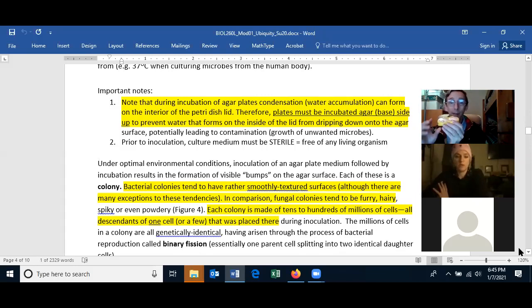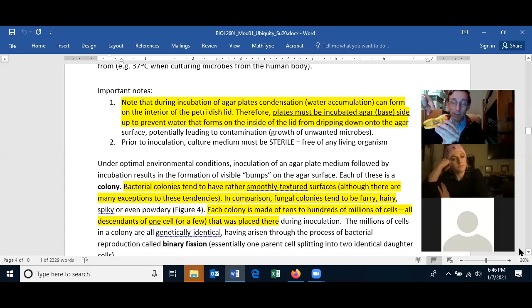You want to put them in the incubator upside down. And now the agar is on the top of the plate. So if moisture were to come out of the agar, it's going to condense on the top of the agar, and droplets won't form because the agar will wick the moisture throughout the agar.